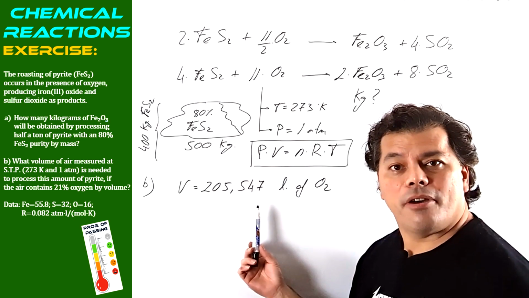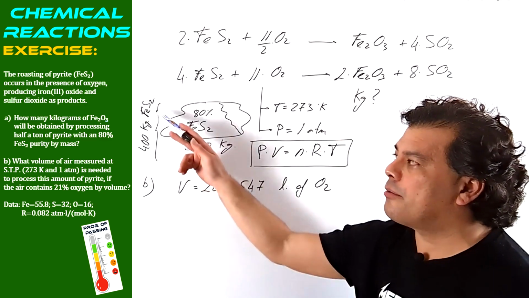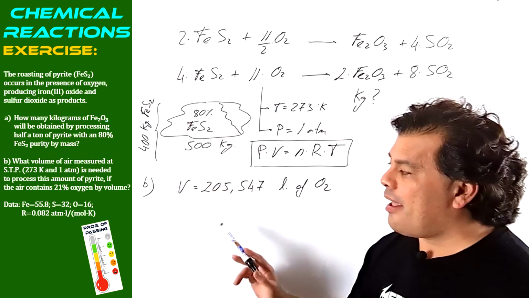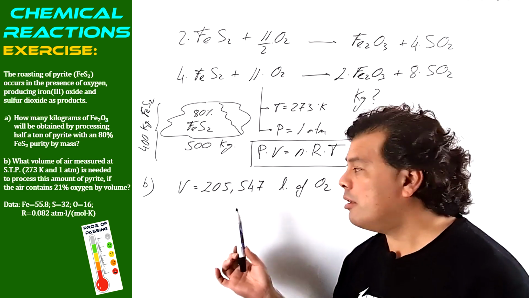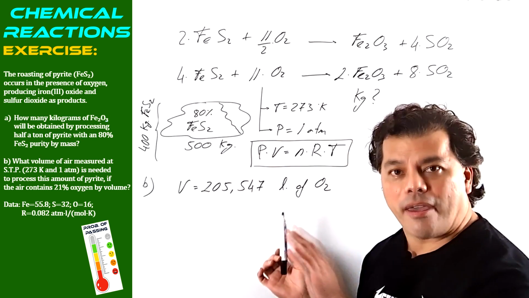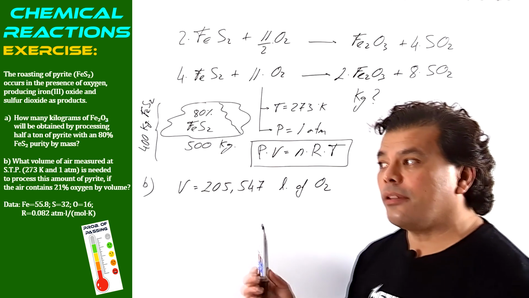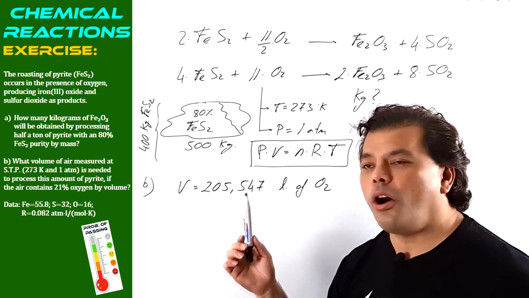This is the volume of oxygen that we need to roast our 400 kilograms of pyrite. And we are asked to calculate the volume of air, not the volume of oxygen, but the volume of air. And it says that air contains 21% oxygen.